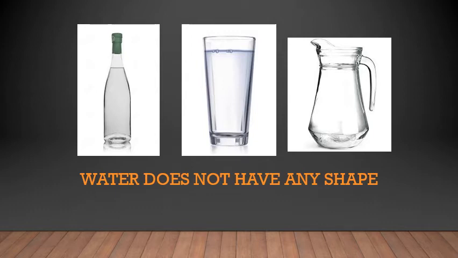If you pour water in a big vessel, it will take the shape of the big vessel. That is the speciality, that is the property of water. If you pour water from the bottle to the glass, again the water will take the shape of the glass.